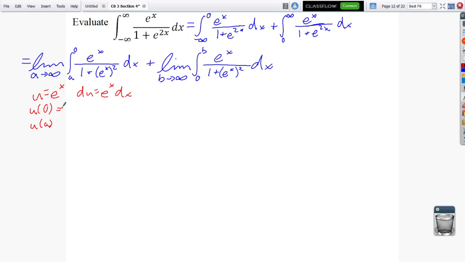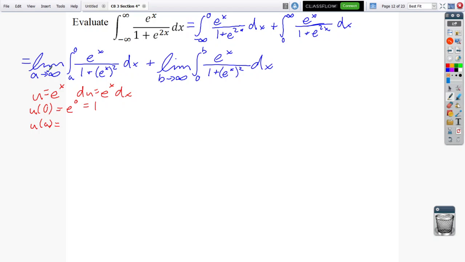Looking at u of 0, u was e to the x, so e to the 0th power is equal to 1. u of a is actually going to be the limit as a approaches, that shouldn't have been infinity over there. I was so distracted with how hard this problem looked. This should be negative infinity over here. Lower limit is negative infinity.